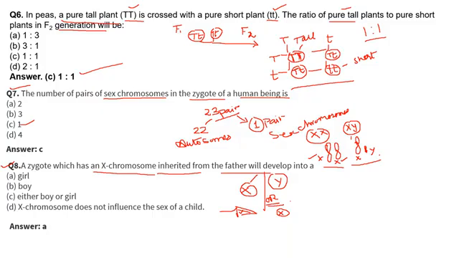So all the ova of a female will carry only the X chromosome, and if the father's sperm carrying an X chromosome fuses with the ova, definitely the child will be a girl child. So girl is the right answer.